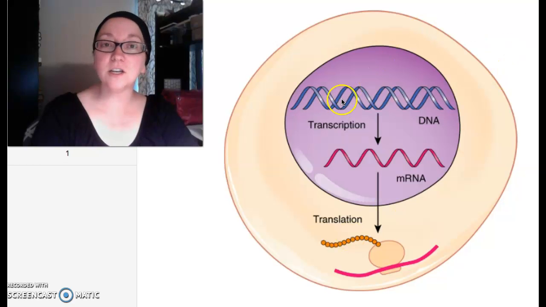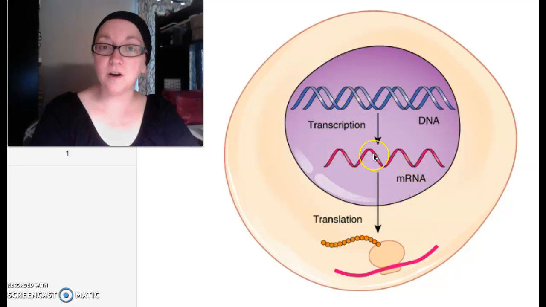So the process is going to start here in this purple nucleus with the DNA, this blue double helix here. Transcription is just taking the message from DNA and turning it into an mRNA strand, transcribing, right, or kind of copying down that message into a smaller format.